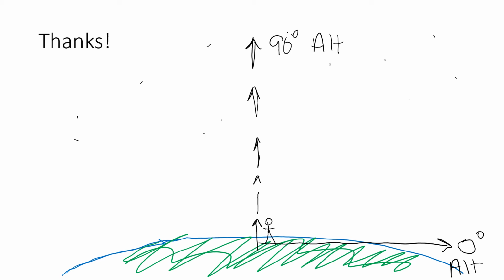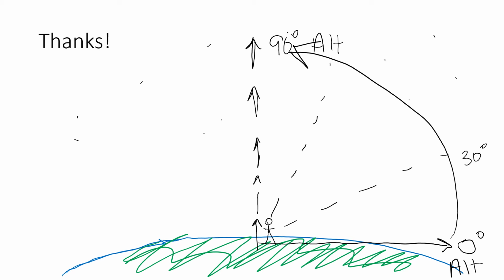If you were to look anywhere along this path, you would give the angle. So this is about a 30-degree elevation, this is about a 60-degree elevation, and this one's about a 45-degree elevation. Our altitude is measured in degrees. And if you remember, the last little video in the last lab had cheats on how you can use your hand to estimate, like your pinky is a half a degree or something like that, and your fist is 5 degrees.